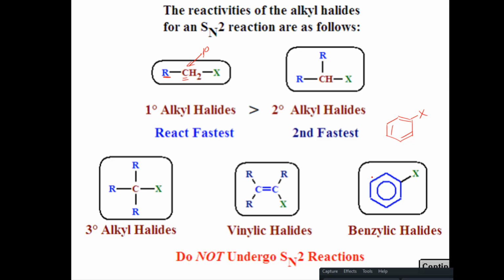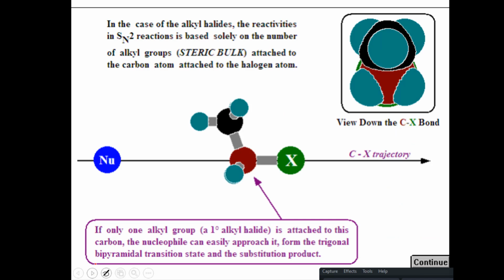So those do not undergo SN2 reactions. And so this would be another mechanistic piece of evidence that we would get. We would say, okay, our mechanism has to be consistent with the fact that primaries react faster than secondaries and tertiaries do not react. So let's try and explain that with the mechanism.